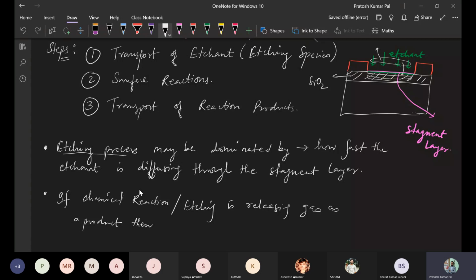If it is producing a gas after the chemical reaction takes place, then that gas will be removed.